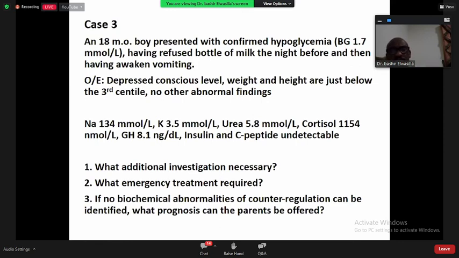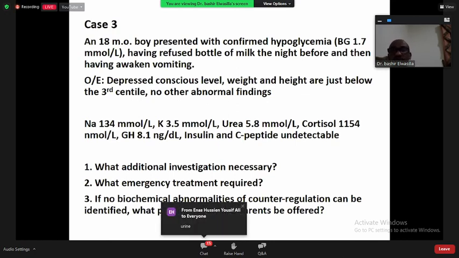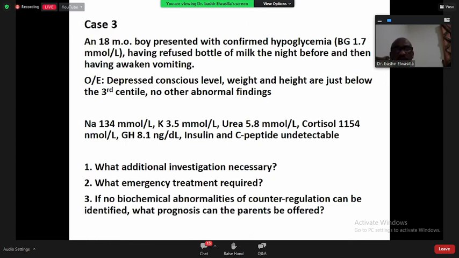So what additional investigation is necessary in this case? From this scenario, it looks like these attacks of hypoglycemia usually present in cases of bottle feeding milk, so you have to think about and rule out inborn errors of metabolism. This is very important. What emergency treatment is required?